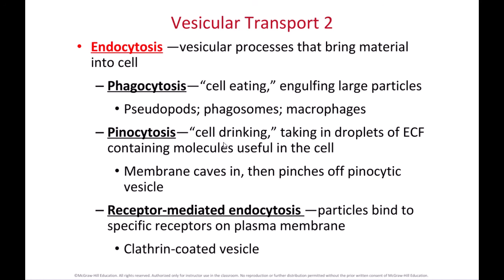When enough of those particles are attached, they will be brought into the cell. The receptor for receptor-mediated endocytosis is called clathrin. So that receptor on the surface of the cell is a clathrin protein molecule. Different kinds of clathrins are designed to attach to different kinds of particles.